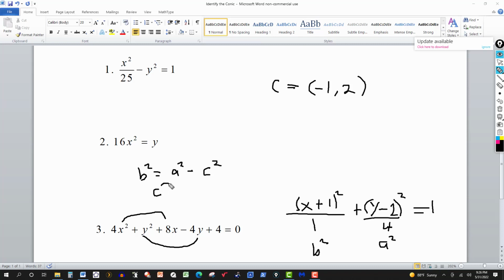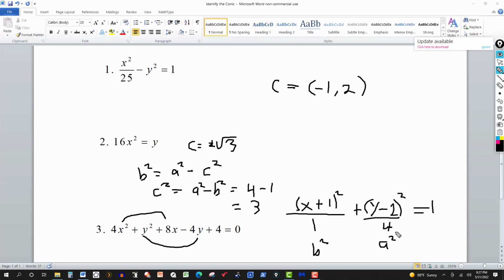Or the same thing as saying c squared is equal to a squared minus b squared. And a squared is 4, b squared is 1, so we get c squared is equal to 3, or we can say c is equal to plus or minus square root of 3.